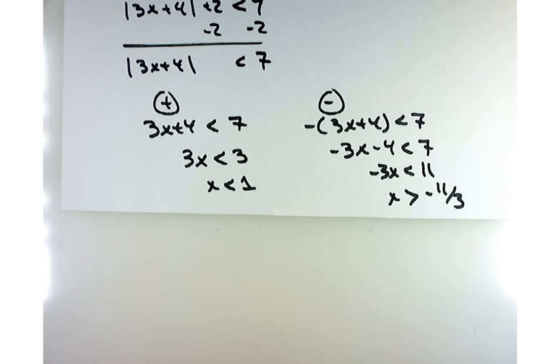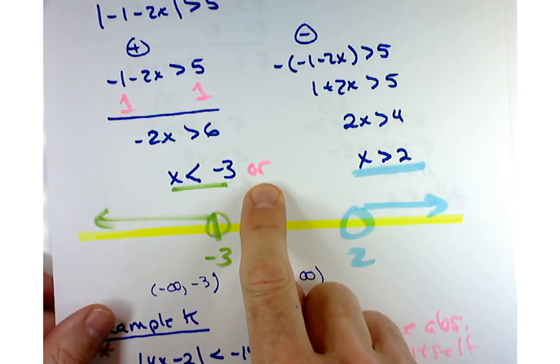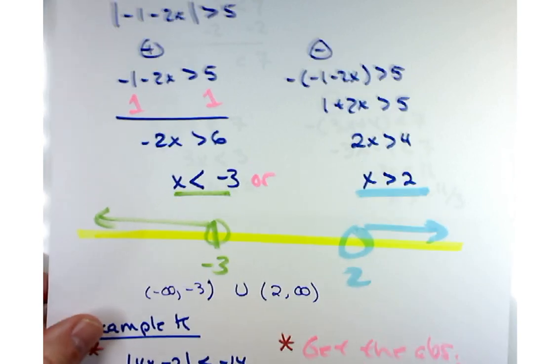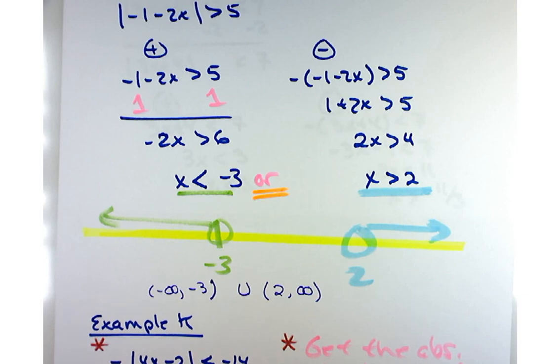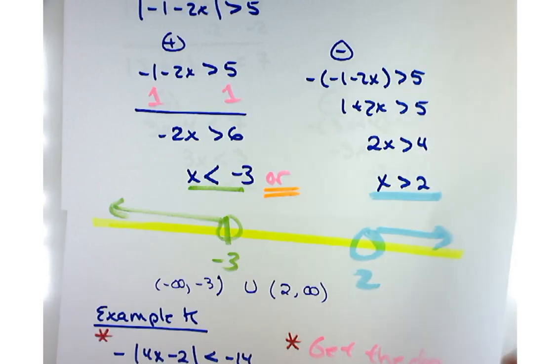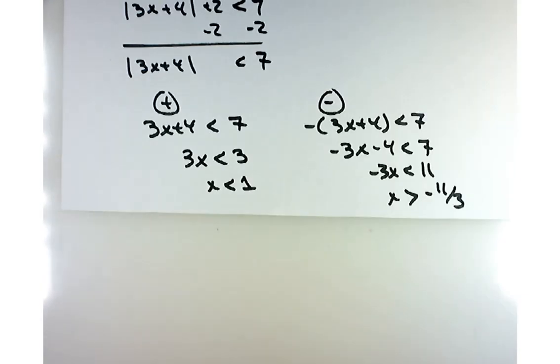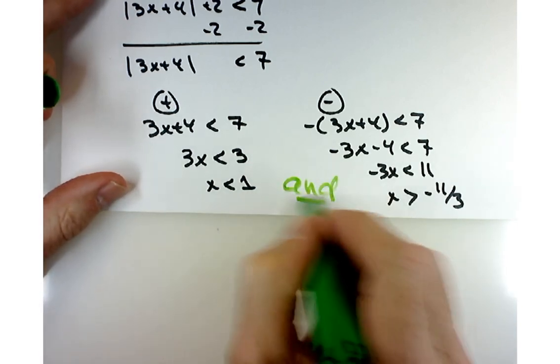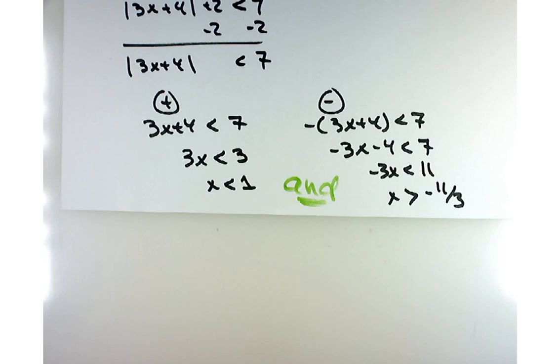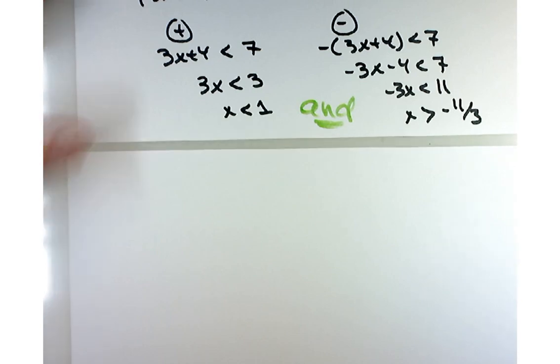Let's look back at our absolute value greater than case. With our absolute value greater than case, we had an or here. What do you think is going to be happening with the absolute value less than case? Yeah, it's going to be an and. So let's look at what happens when we graph this with the understanding that this is an and, not an or.